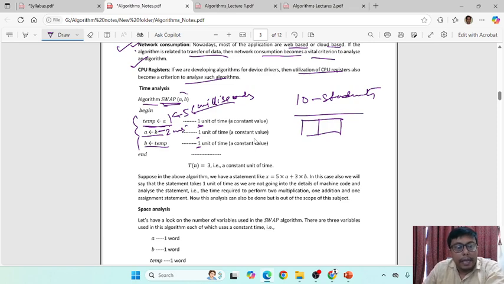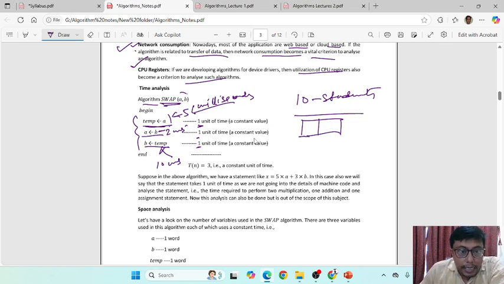If the third instruction takes, say, 10 milliseconds on one machine, then the remaining 9 machines will again take 10 milliseconds, because the configuration of all those 10 machines is the same.